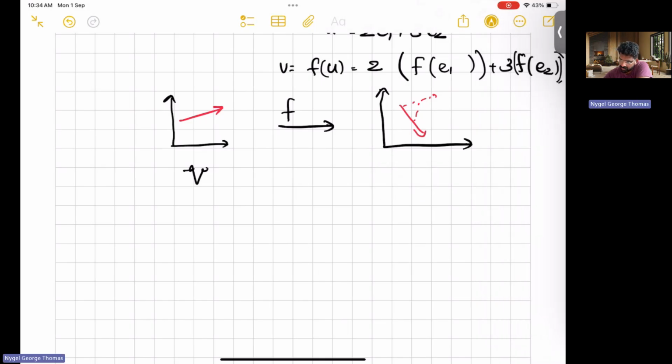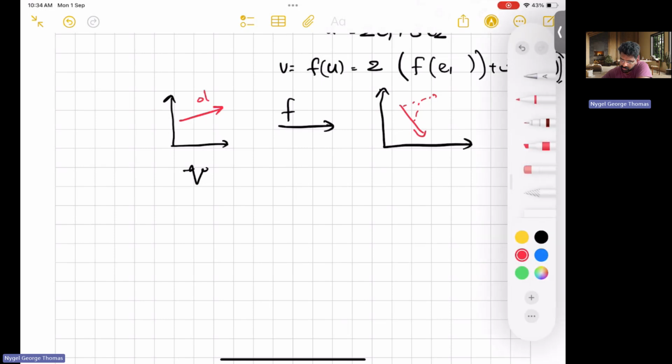How do you find this new vector, new after transformation? You basically have to, these are the canonical vectors, right? Basically, I have to take the transformation of these canonical vectors, and we already know how this vector was expressed in terms of these two vectors.